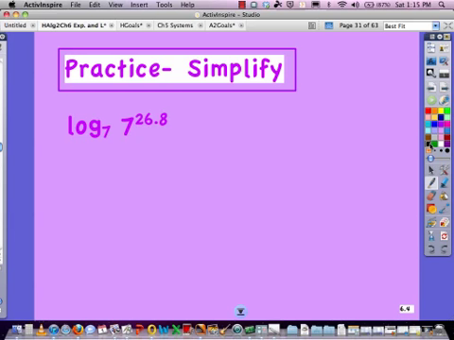If you don't say the word log and you read it for meaning, you would be saying the exponent on the number 7 to the power of 26.8 in base 7 is what? And I think your brain is going to say something. If it doesn't, then your only choice is rewrite it in exponential form, which means 7 to the power of, that's the missing piece, has to equal our number that's being evaluated. So now when you step back and look at that, you have to say our answer is 26.8.